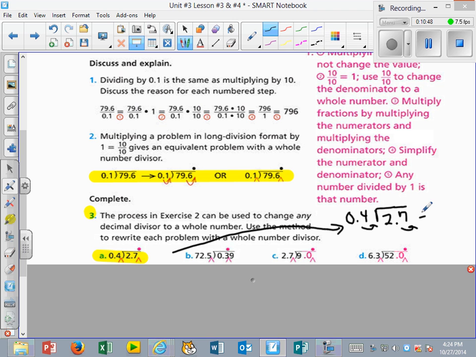So really you are saying 4 into 27, and then bring your decimal up and solve. 4 goes into 27 six times. Bring down a 0. 4 goes into 30 seven times. And bring down another 0, and then there should be a 5 there. So 6.75.